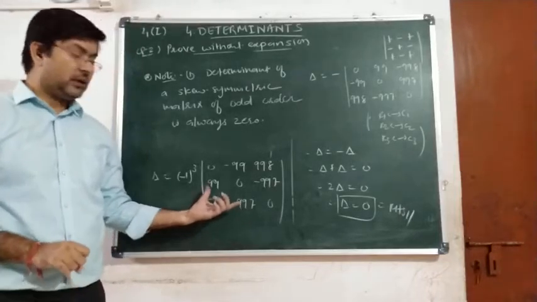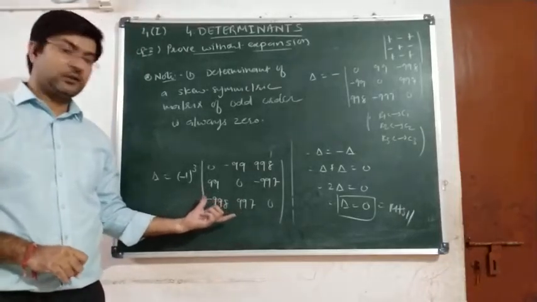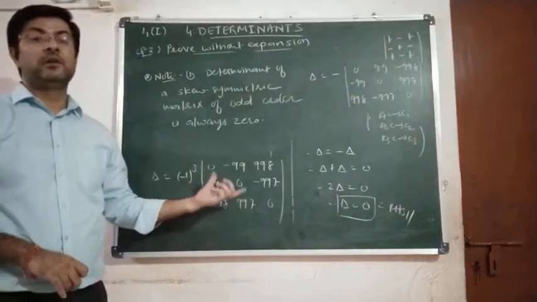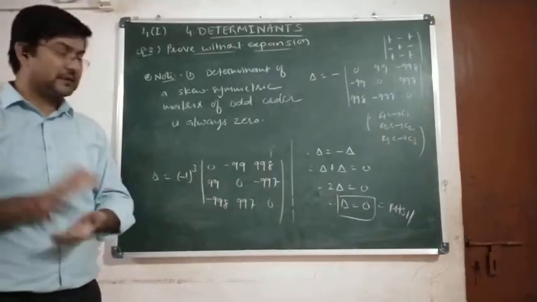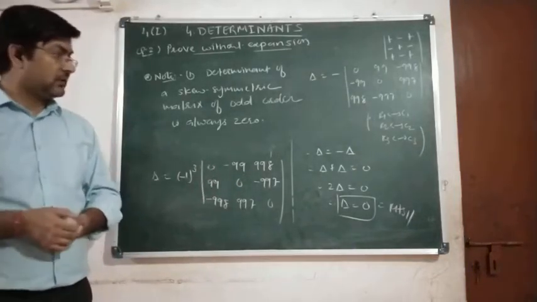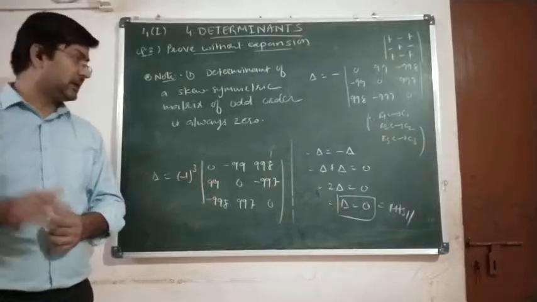So similarly, skew symmetric matrices of order 3, 5 or 7 or 9 etc. Okay, they have 0 value of the determinant. Clear?